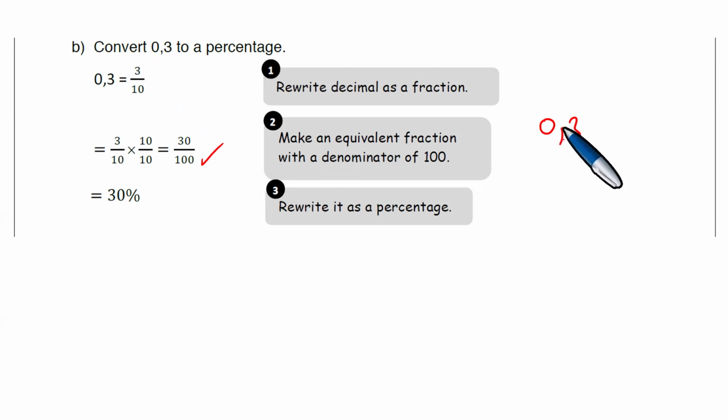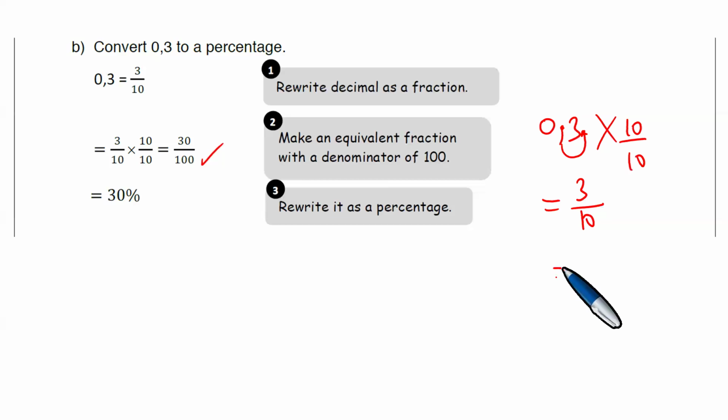So we multiply the top and bottom by 10, because you need to move the decimal place once. Multiply by 10 and we get 3 out of 10.